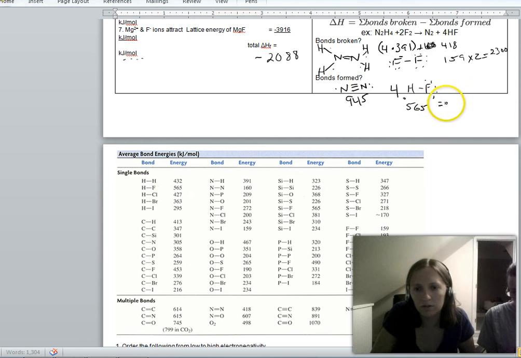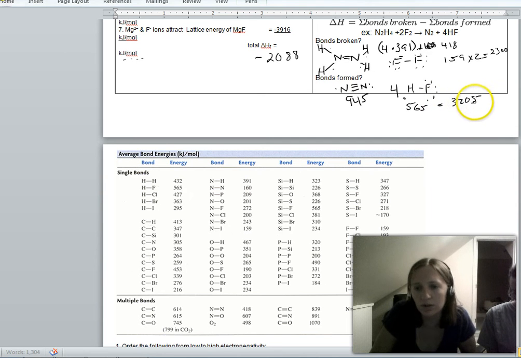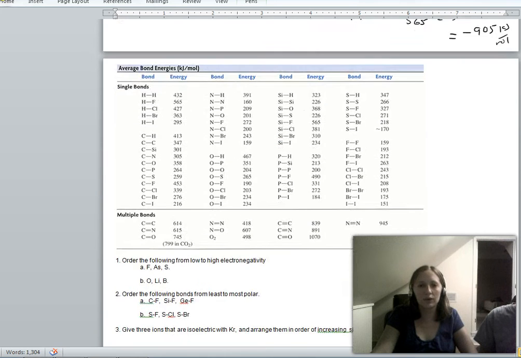All those together give 3205. So this is broken minus formed, 2300 minus 3205, which gives negative 905 kilojoules per mole. So that's how you use that formula. And that's that for this page.